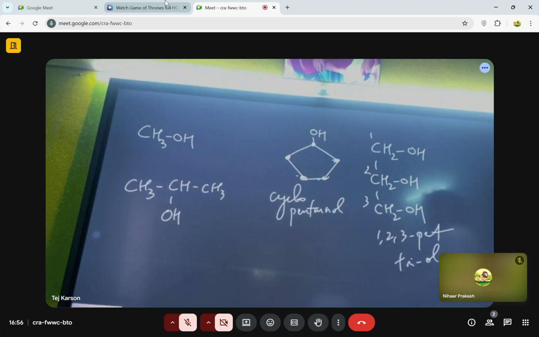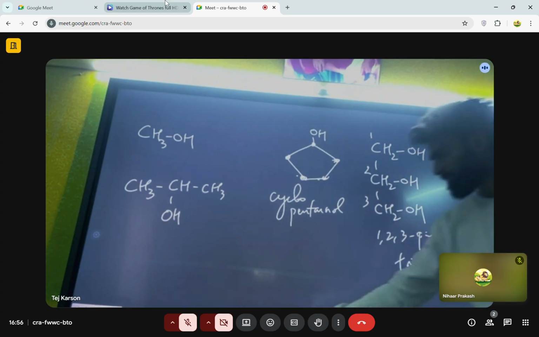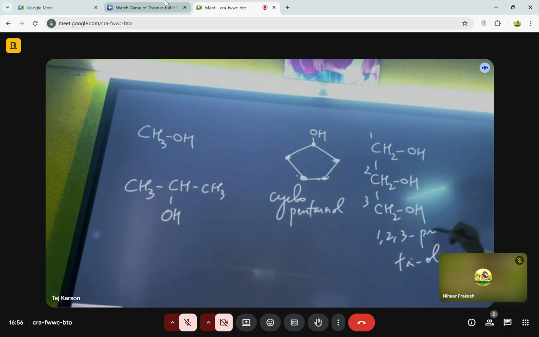Okay. First and second one. First one is methanol. Second one is butanediol. So 3 it is.